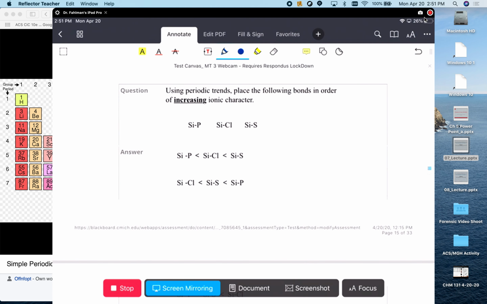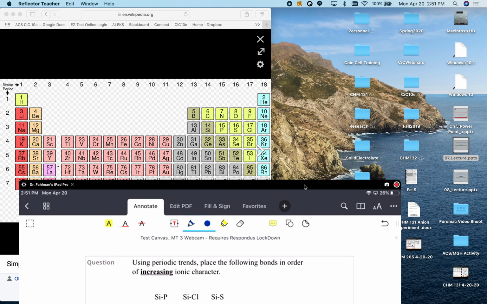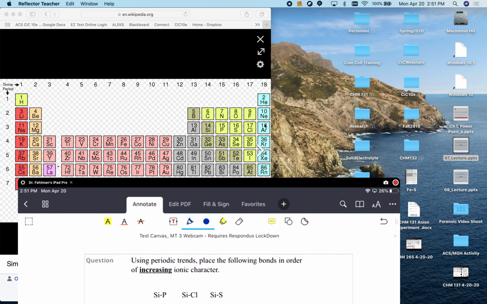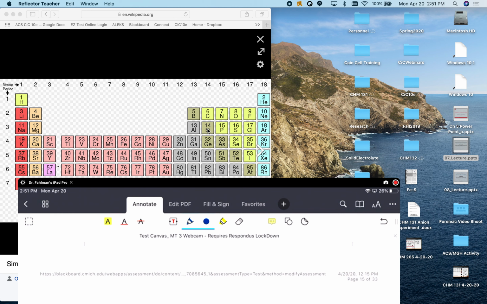Ionic character. Silicon, and you're comparing it with phosphorus, sulfur, or chlorine. The one with the biggest difference in electronegativity is silicon with chlorine, so that's going to be the most ionic, followed by sulfur, followed by phosphorus.